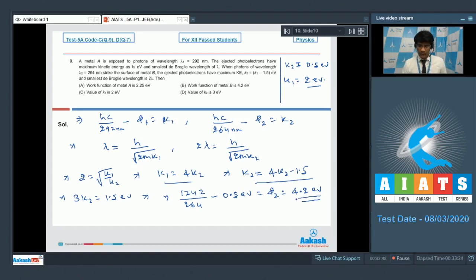That is the work function of metal B. Similarly, for metal A, it is 1242 divided by 292 minus k1, which was 2 electron volt. This time we'll get the value of phi 1 to be 2.25 electron volt. So looking at the options, option A, option B and option C are the correct answers for question number 9. Now we shall proceed to question number 10.